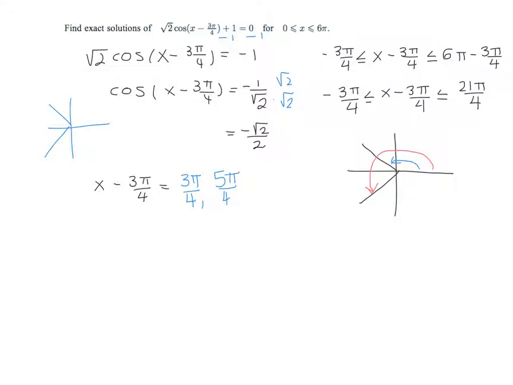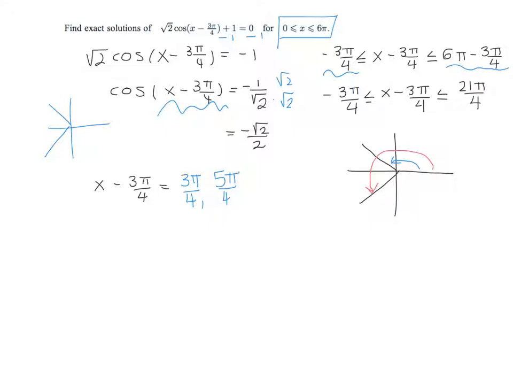If you look at the domain, it has 0 to 6 pi originally, but your angle, the x, has been changed by subtracting 3 pi over 4. So you need to subtract 3 pi over 4 on both sides. Simplifying, you have 0 minus 3 pi over 4, which is just negative 3 pi over 4.